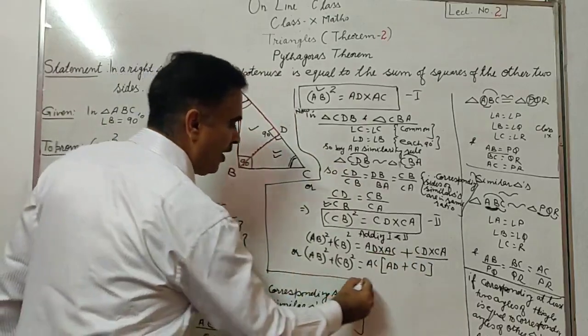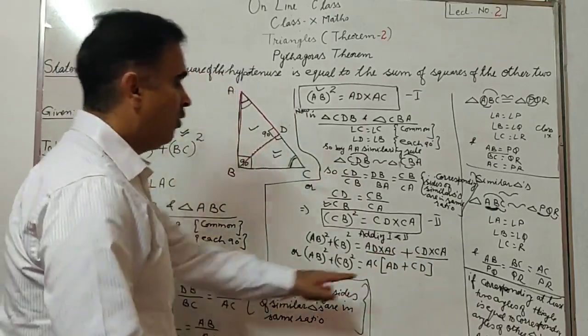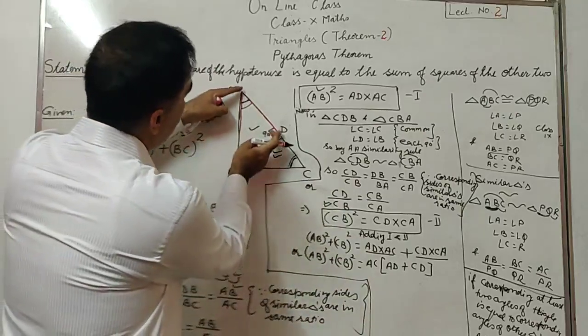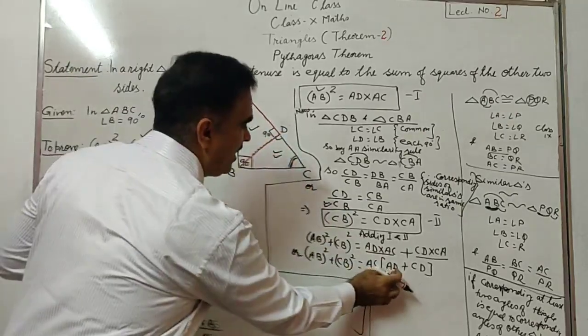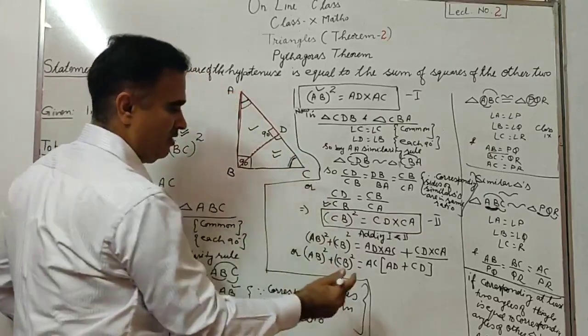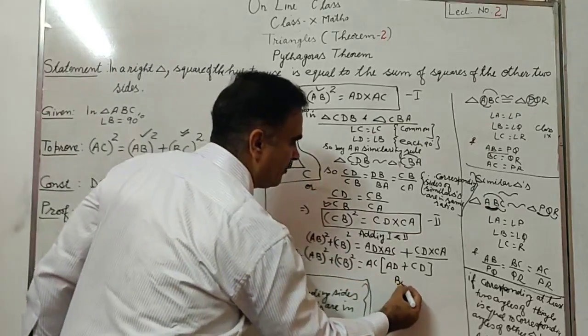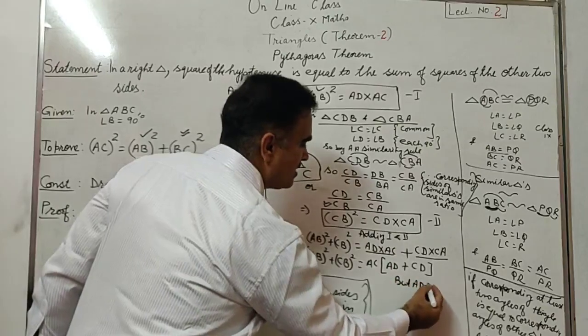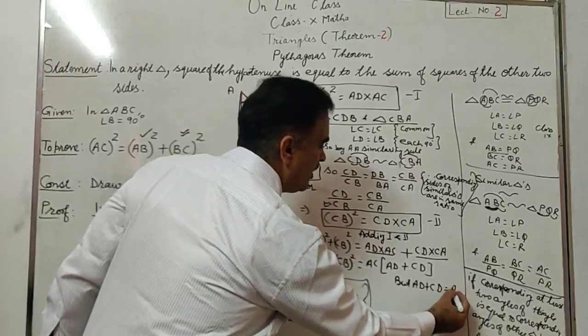You see here in the figure, AD plus CD becomes AC. So we can write AD plus CD equal to AC.